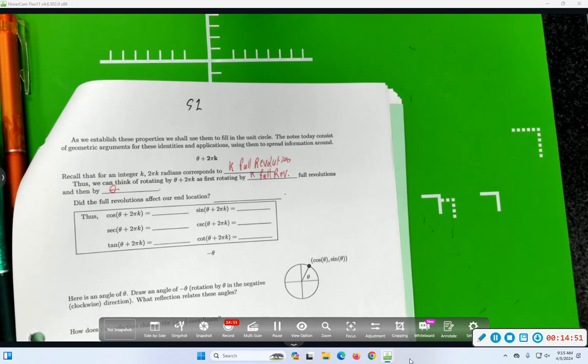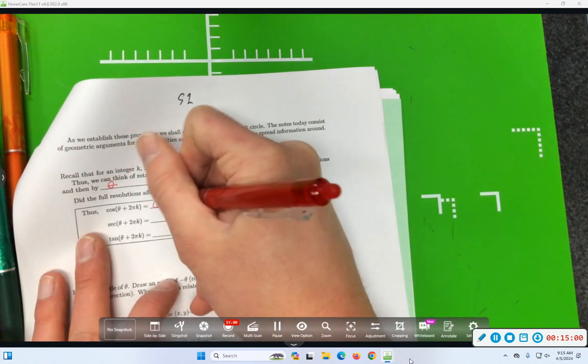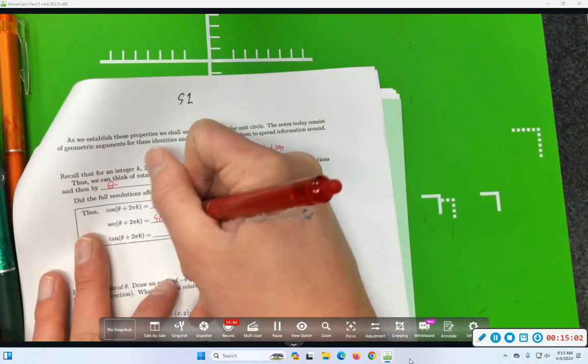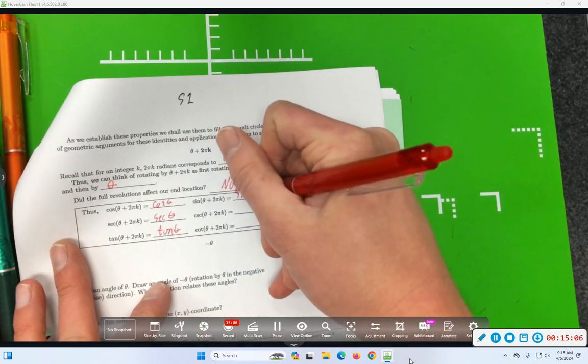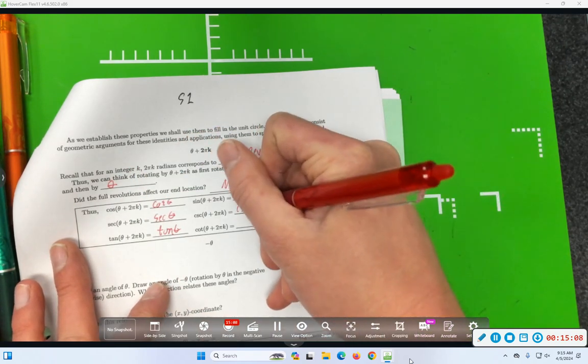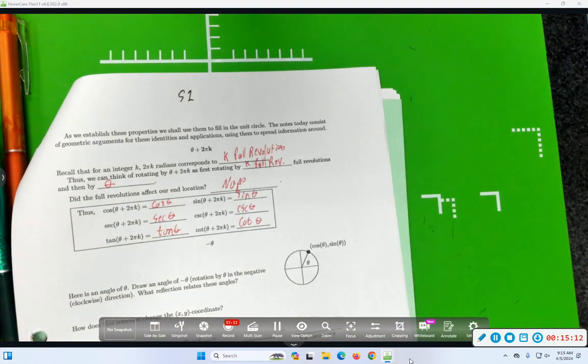Did those full revolutions actually matter? Nah, you can ignore them. So whenever you see some extra 2 pi's inside of a trig function that you just don't want to deal with, don't deal with them. You can erase them.